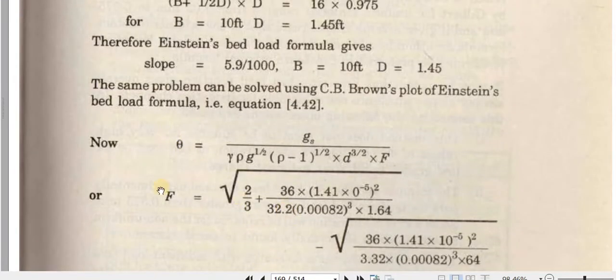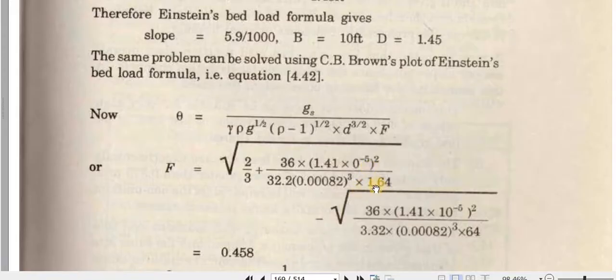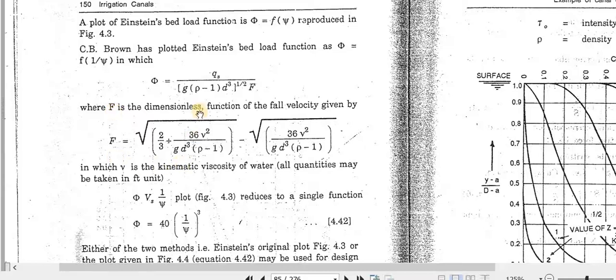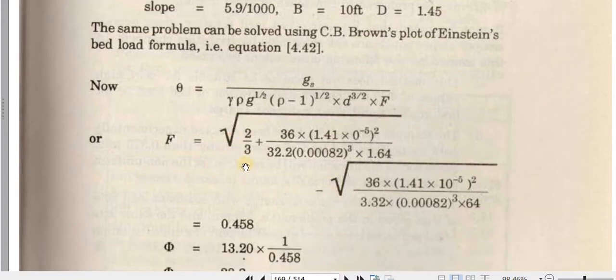We have to find F, and F is equal to this one. So that is the specific gravity of solid. This is not the density of water. This is 2.64. We have kinematic viscosity, we have g, we have D. So we can calculate F, and every parameter is given here.